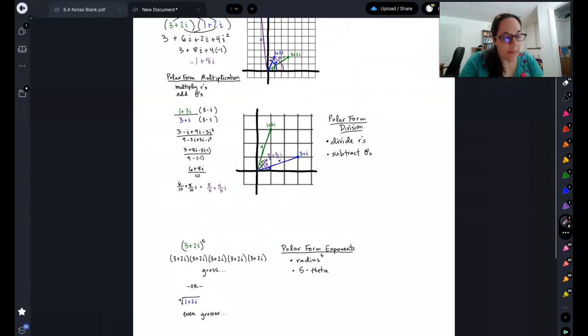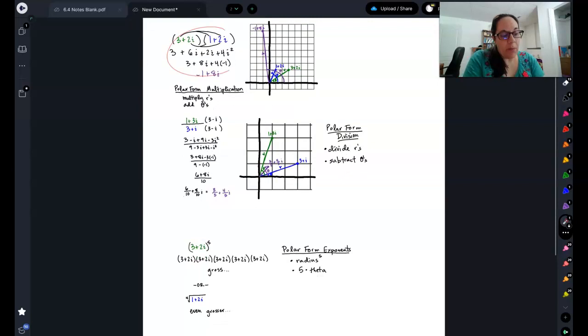So, in summary, we can multiply complex numbers, we can divide complex numbers, we can raise complex numbers to an exponent, and we can raise them to a root. We could do that algebraically for these three. However, what we're going to be learning in this lesson 6.4 is the rules to do these in polar form instead.